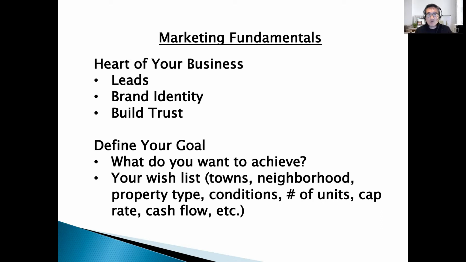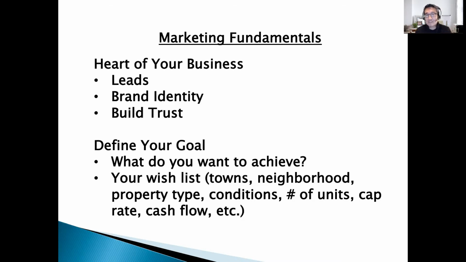What used to cost thousands and thousands of dollars back then with TV, radio and print advertising is now available to you for free, literally. And being able to build that brand identity, you can build trust with your consumers, with your potential leads.